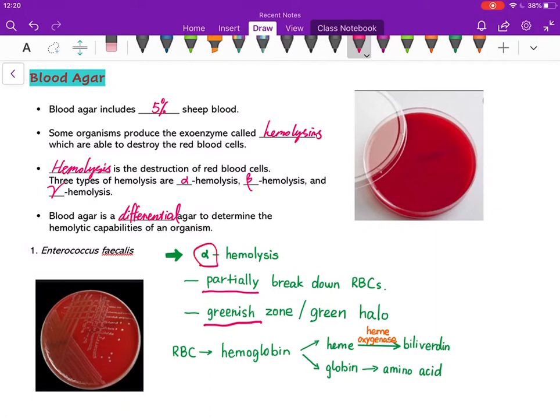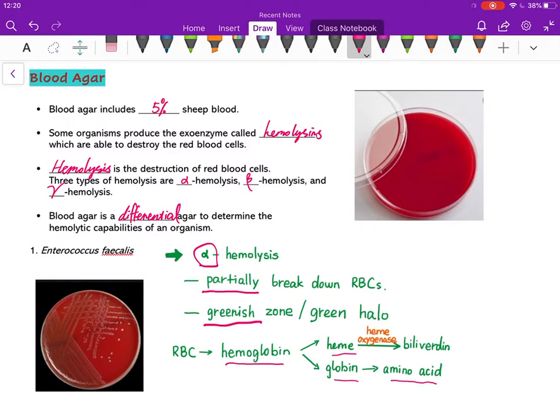Here I'm going to explain why there is a greenish zone around the colonies. Blood cells contain hemoglobin. When the blood cells are destroyed, the hemoglobin gets broken down to heme molecules and globin polypeptide chains. The polypeptide chains are broken down to amino acids, which can be used again to make new proteins.